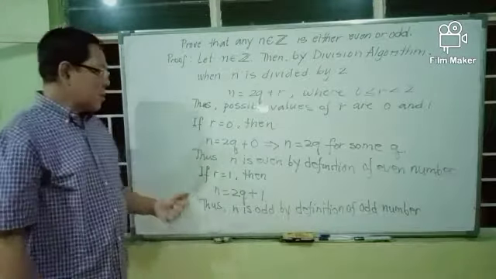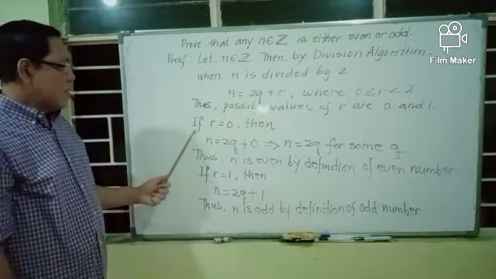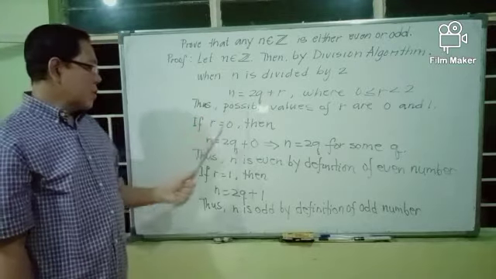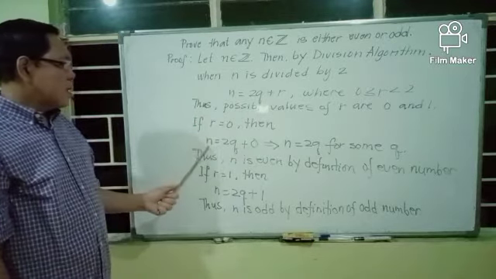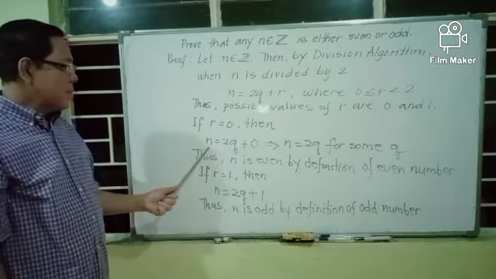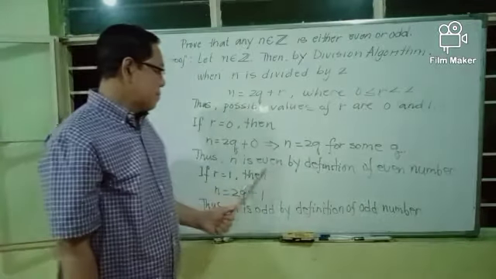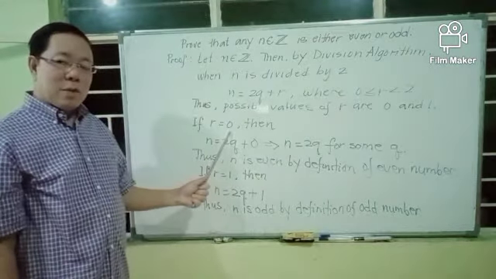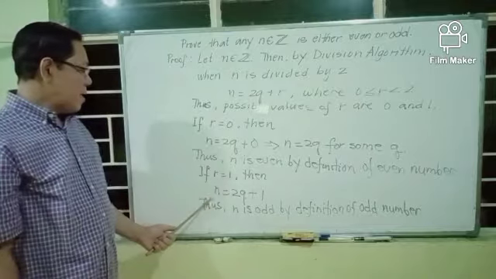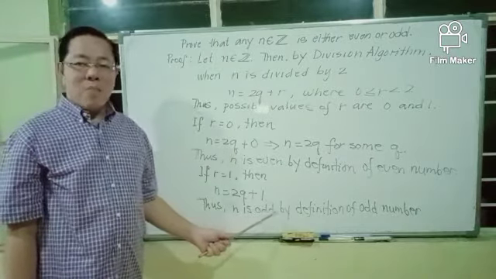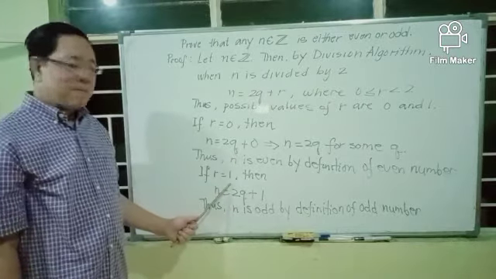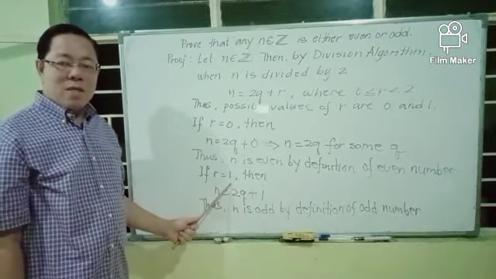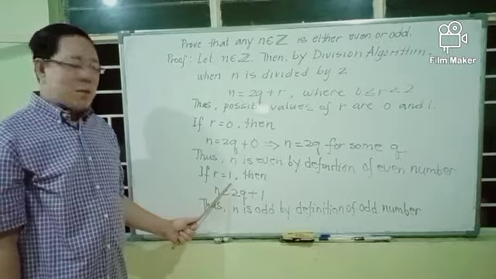Now we combine the two results. If N is any integer, we conclude that N is an even number, and that happens when the remainder R is 0. Or N is an odd number, which happens when the remainder R is 1, and the remainder is obtained when N is divided by 2.